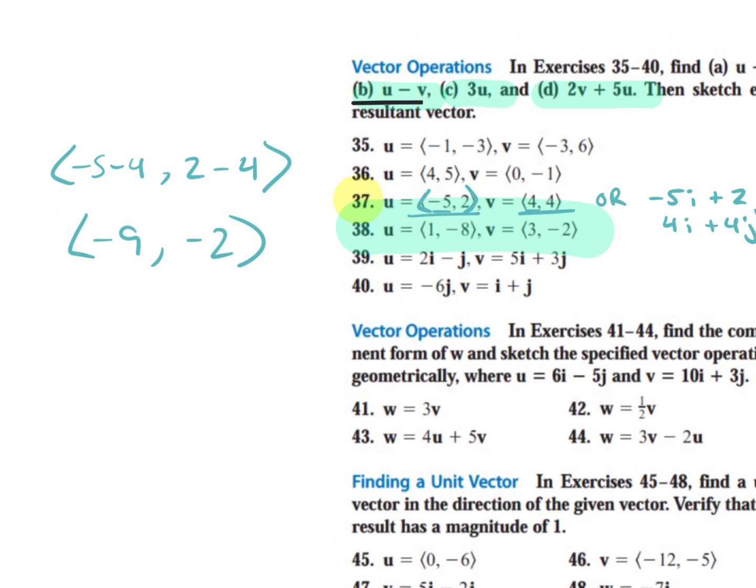Same with our answer, this would be written as -9i minus 2j. It's multiple choice, so it doesn't matter how you want to leave the answer, but just know that these are the same thing. The question might be written with i's and j's, so just know that it's talking about a vector. Any questions here?